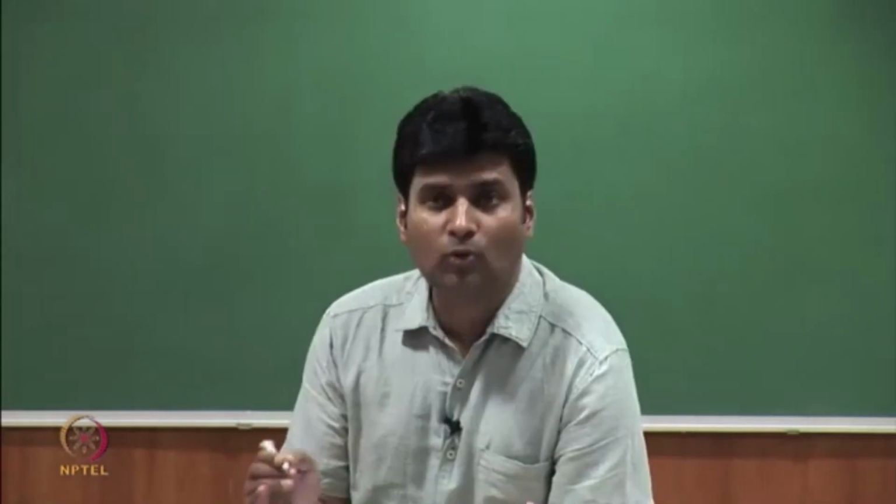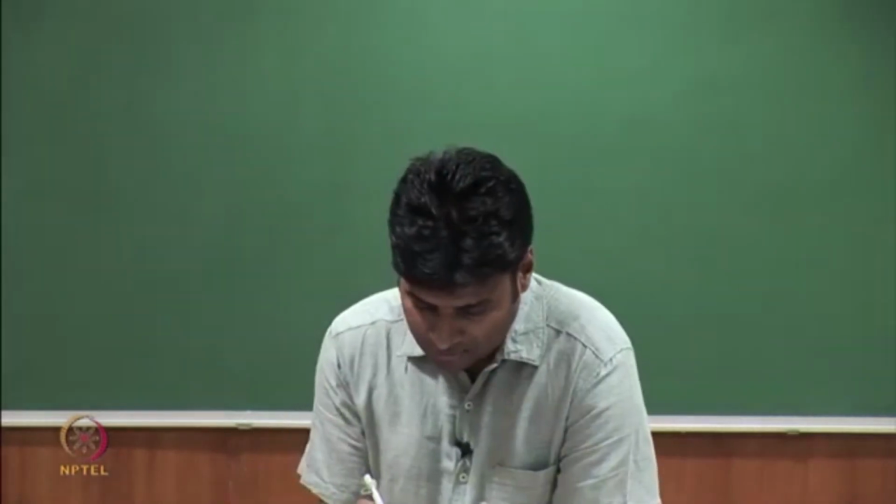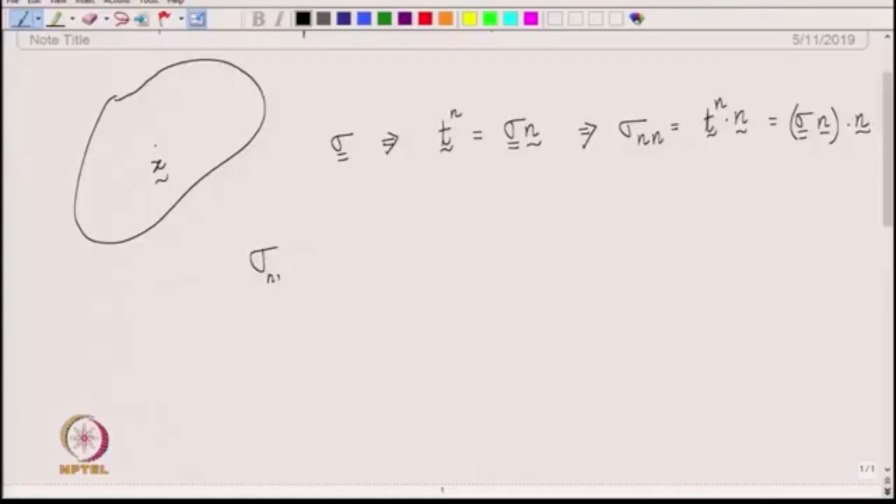So, let us choose a coordinate system, all right. So, sigma n n is then the stress matrix, which is sigma 1 1, 1 2, 1 3, 2 1 and likewise, and then it gets multiplied with the normal vector, which will have 3 components n 1, n 2, n 3.